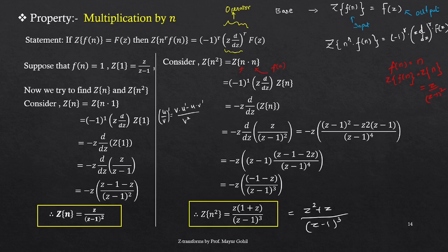Now let me give you some advanced formulas. Here the z transform of n cube is given by z cube plus 4z square plus z upon z minus 1 whole raised to 4.